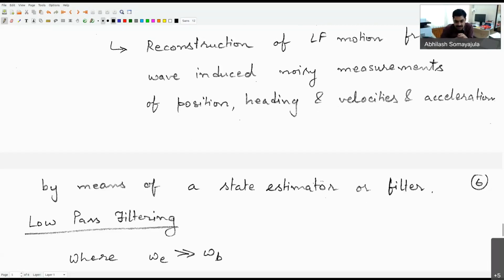Particularly, we will look at something called low-pass filters. We'll also look at something called notch filters, which are like band-pass filters, and how they can affect a signal or filter out the unwanted frequencies from a signal and only give me frequencies which are relevant for my application.